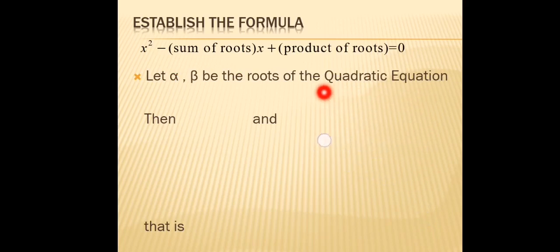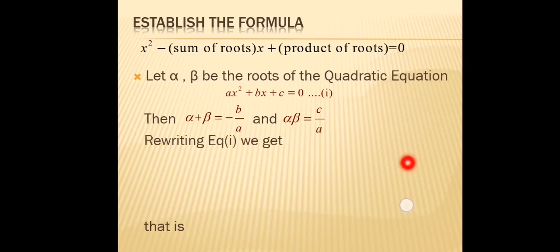Now which quadratic equation these alpha beta as a root belong to? It is a standard form, that is ax square plus bx plus c is equal to 0. Then we know that the sum of roots will be equal to minus b by a, as we have done the formula for the sum of roots, and the product of roots will be equal to c by a, that is, we have done the formula for the product of roots as well.